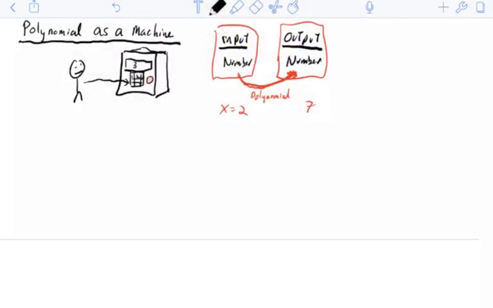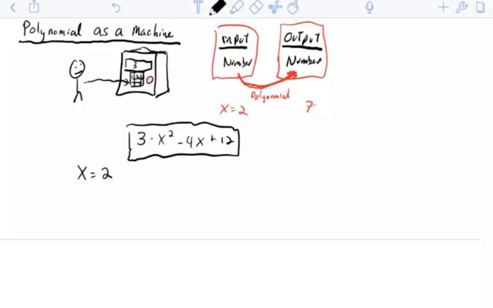What do I mean by all this? Here's a polynomial: x squared minus 4x plus 12. You've been given this by your boss. You choose an input. You put this number into the polynomial and you get a number out. How does that work? I'm going to replace the x's in the polynomial with this number.